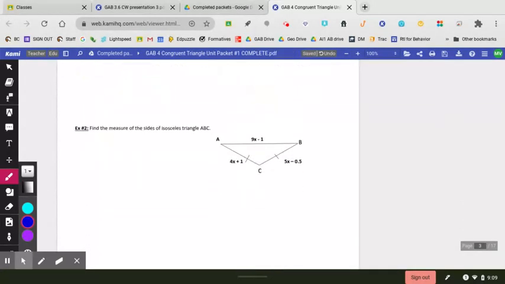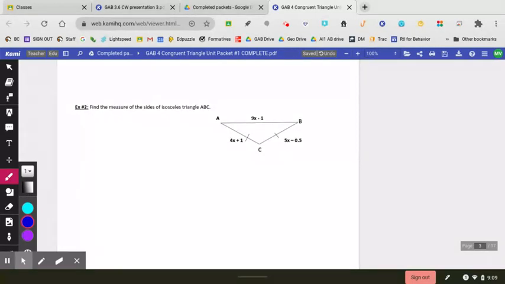Now if we look at number 2, it says find the measure of the sides of the isosceles triangle. Again, it's telling us in the drawing that AC is equal to BC, which means that 4x plus 1 is equal to 5x minus 0.5. I do that algebra, and I get x equals 1.5. So I need to find the measure of all the sides.